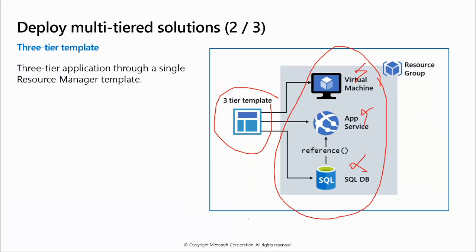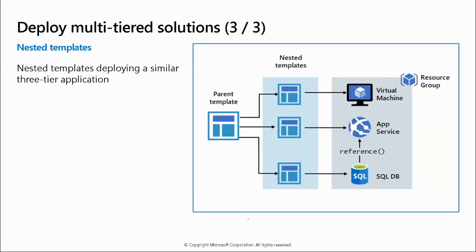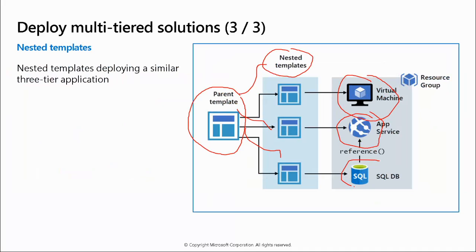Or you can say, no, I want a better administration. So I need to have nested templates. You will have a parent template that will be calling the child templates, and each child template will have a different resource. In this way, you will have a better administration. It is simpler to understand, but you will have more files.